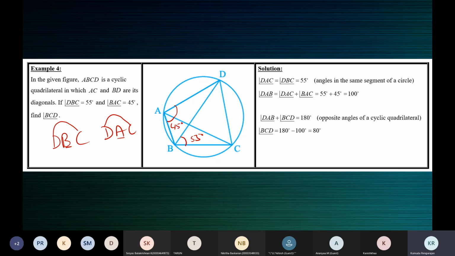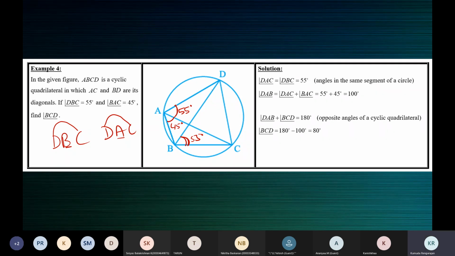So if DBC is 55 degrees, then DAC is also 55 degrees.